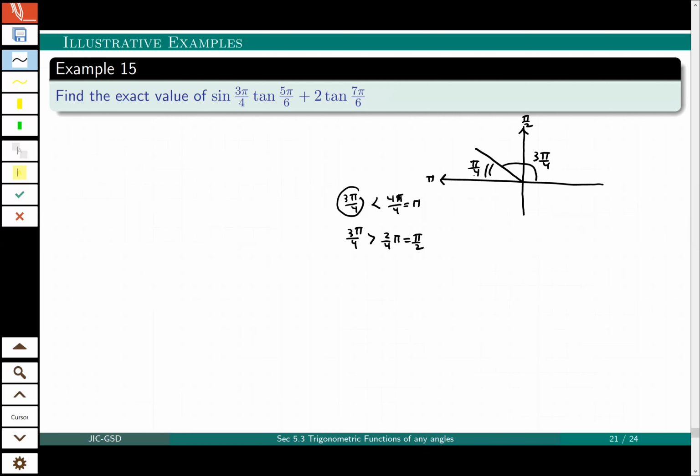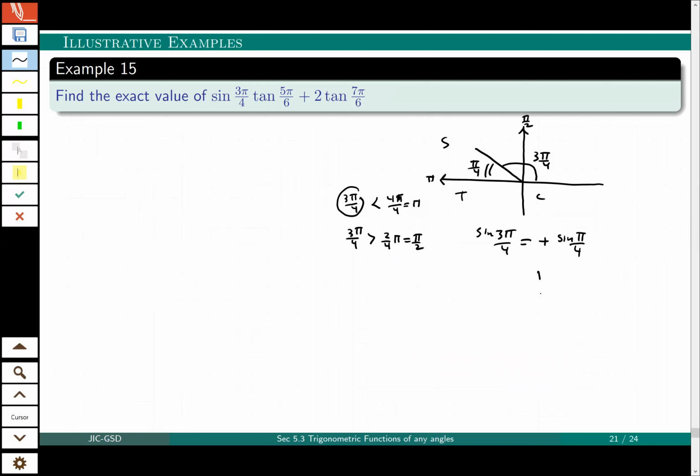No need even to calculate, because if it is 4, it will be pi. Now, STC will say, if you have sine 3 pi over 4, it will be positive sine pi over 4, because sine in the second quadrant is positive.